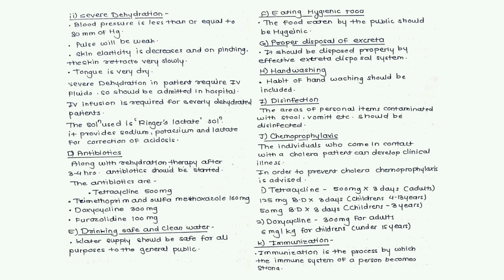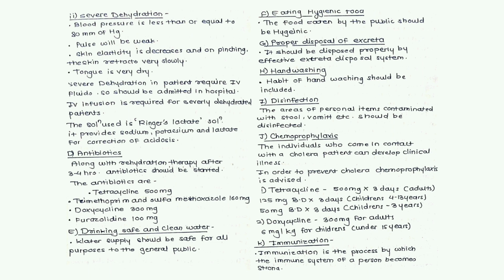Isolation and infection control measures. Cholera is highly contagious, so infected individuals must be isolated to prevent the spread of the disease. Infection control measures, such as hand hygiene and proper disposal of fecal matter, are essential to prevent the spread of the disease.